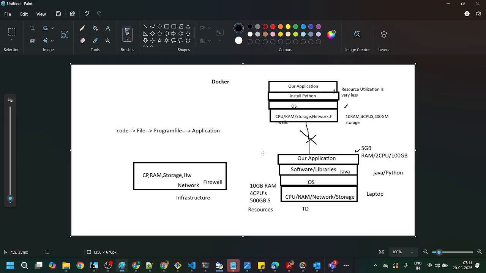So in real time, we used to not deploy our applications onto the same machine due to reasons like network issues and storage issues. We don't know which application consumes more resources during high request load.